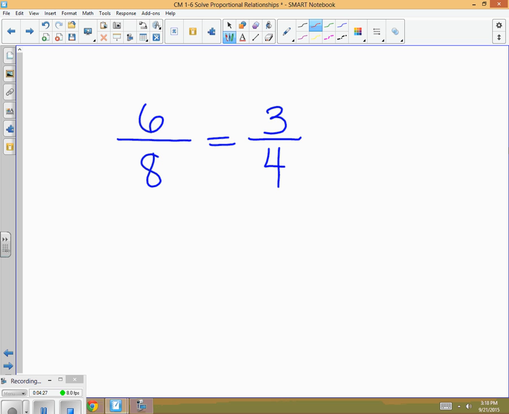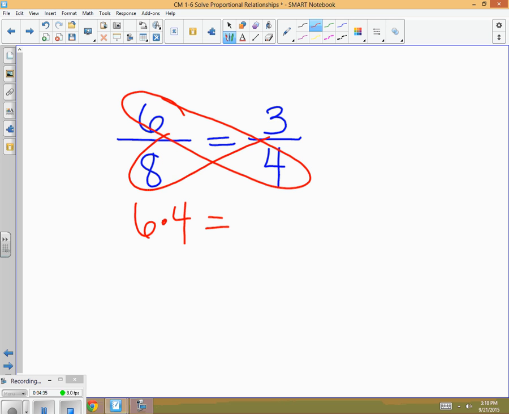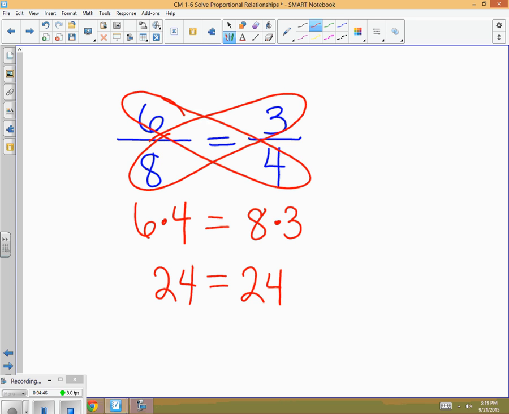In order to check, let's work with the cross product here. 6 times 4 equals the cross product here, which is 8 times 3. 6 times 4 equals 24, and 8 times 3 equals 24. There you can see it is equal to each other and it is proportional.